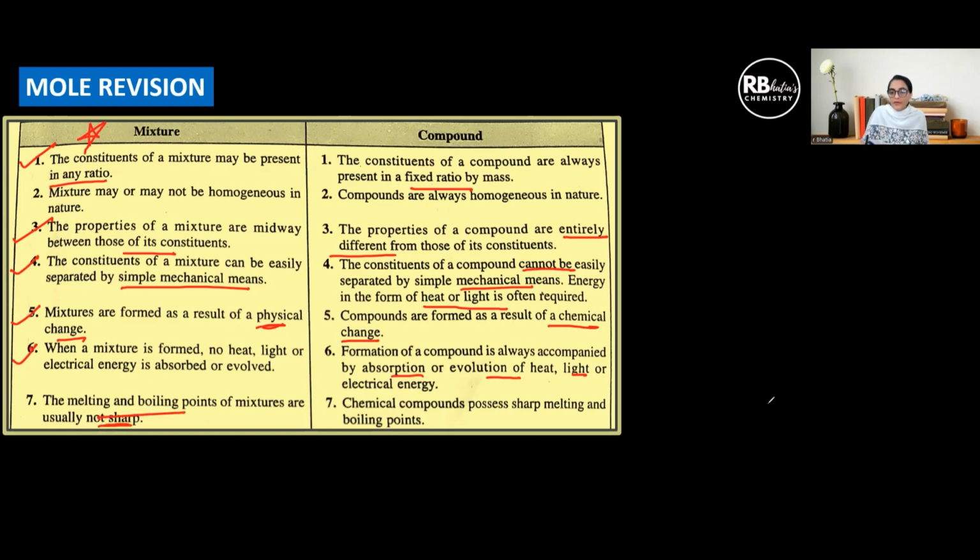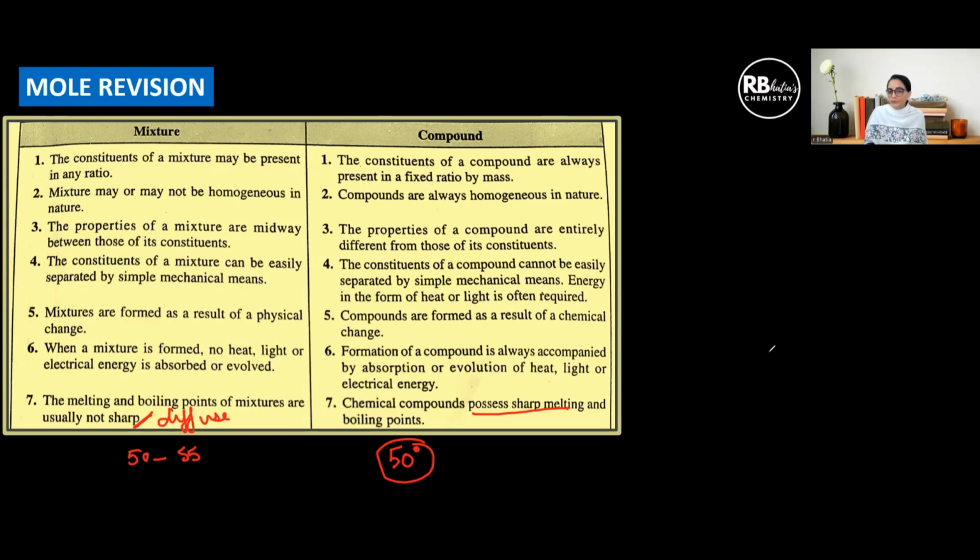So, what word can be used for melting points being not sharp? We can say the melting and boiling points are diffuse. That means they will generally have a range of melting point. Let us say a substance starts to melt at 50 degree and the melting completes at 55 or 60 degree, whereas chemical compounds possess a sharp melting and boiling point, such as if a compound has a melting point 50, the entire compound is going to melt at 50 degrees C.